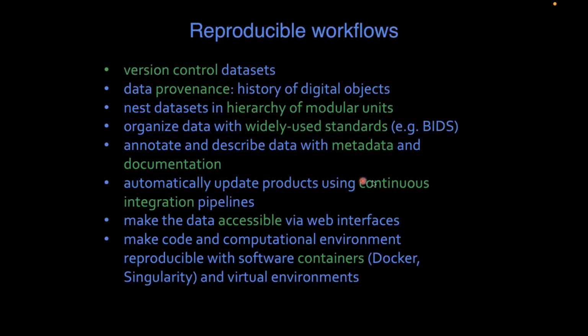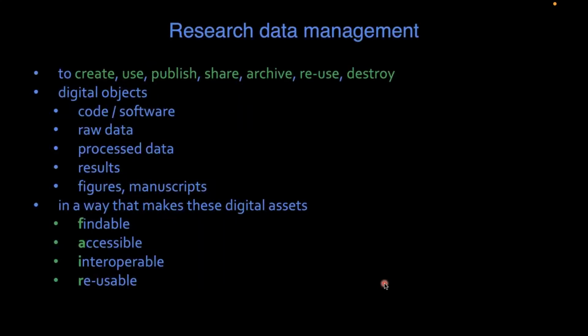And the idea here that comes from software development is to organize data sets in a hierarchy that can evolve, and to organize data with standards so that this hierarchy is understandable by machines and can be reused. And of course, as we mentioned, to annotate them as described with metadata, to have these three levels of reproducibility, and also to package everything in the form of pipelines.